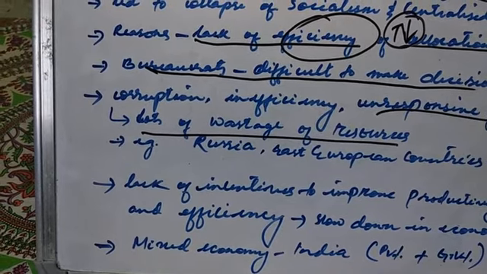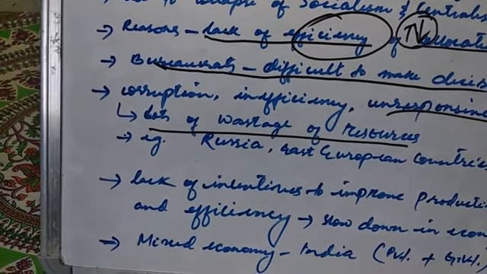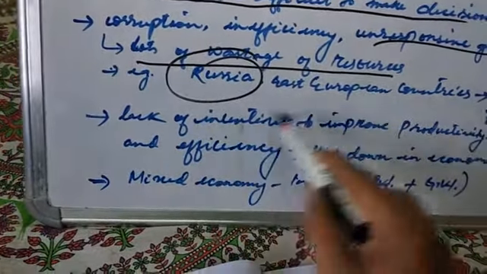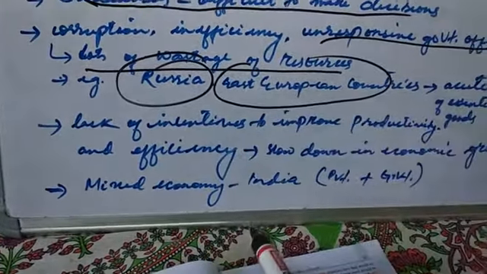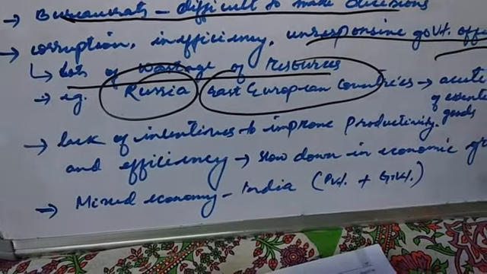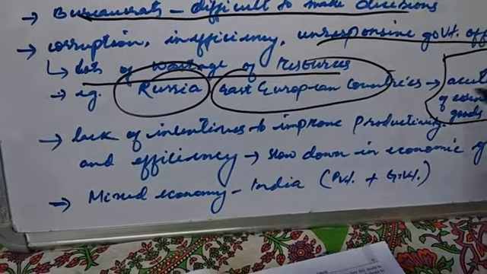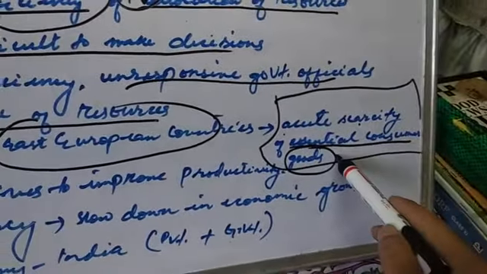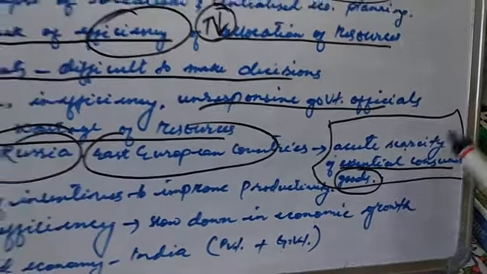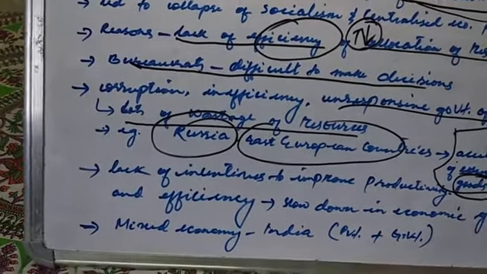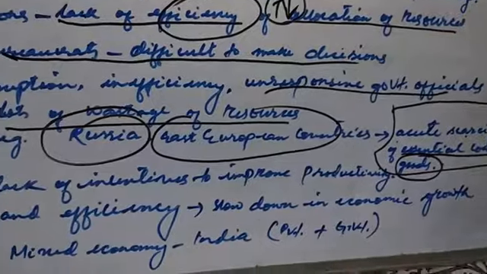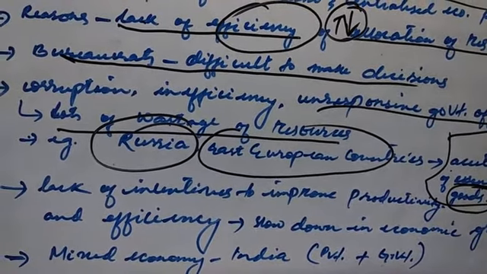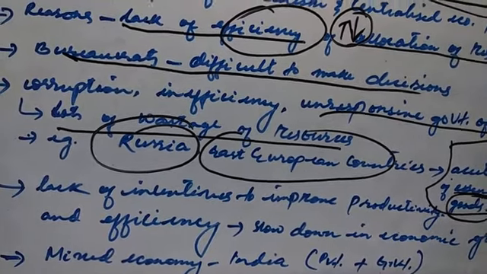The most glaring example is the inefficiency in allocation of resources in Soviet Russia and other East European countries, which faced during that time acute scarcity of essential consumer goods. This ultimately led to long queues of people at the consumer stores to get these goods.